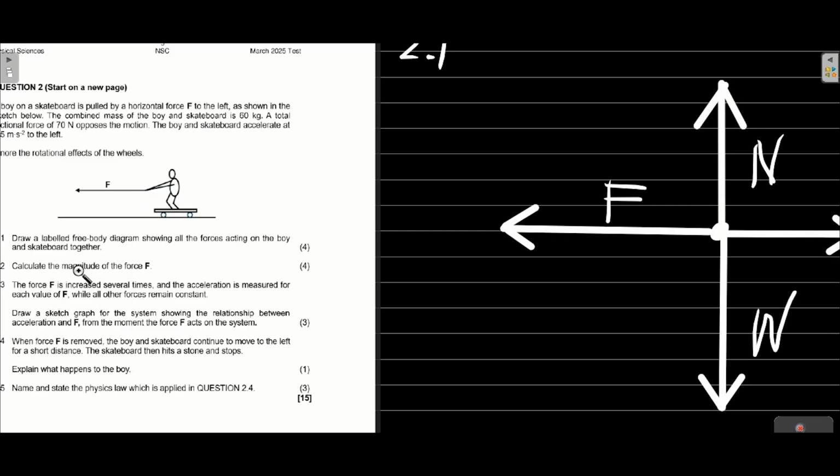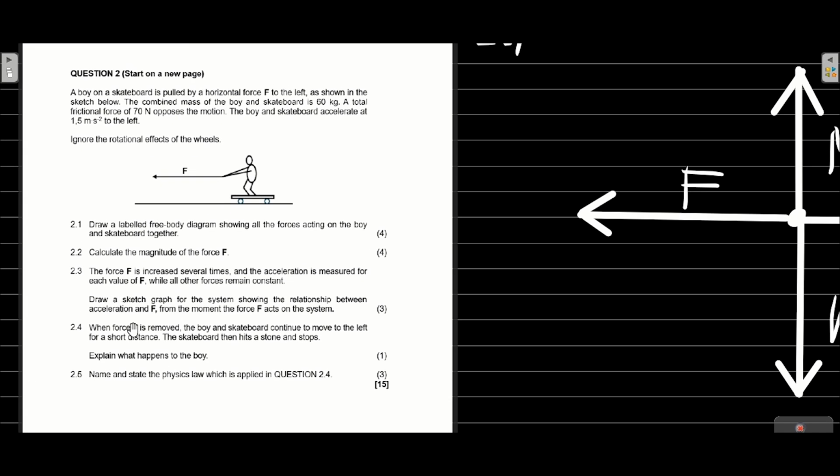So we are calculating magnitude. If they didn't ask us for magnitude specifically, we'd have to write the magnitude plus the direction. We'd have to say 160 newtons to the left. But they ask for magnitude, so 160 newtons.